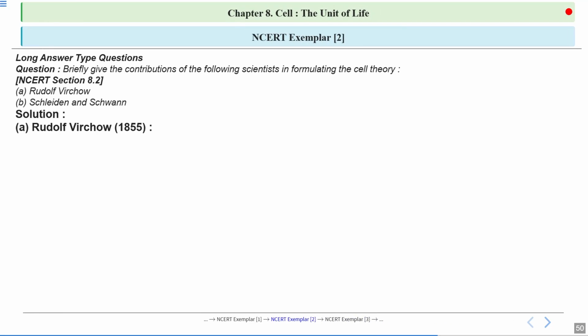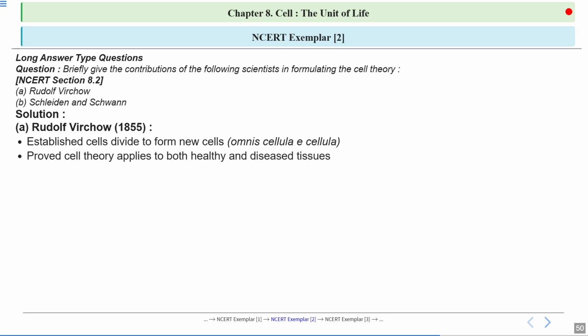First, let's talk about Rudolf Virchow. What was the contribution of Rudolf Virchow? Rudolf Virchow says cells arise from pre-existing cells. In 1855, Rudolf Virchow established that cells divide to form new cells. He gave the term omnis cellula e cellula, which means cells arise from pre-existing cells, and there is no spontaneous generation of cells.